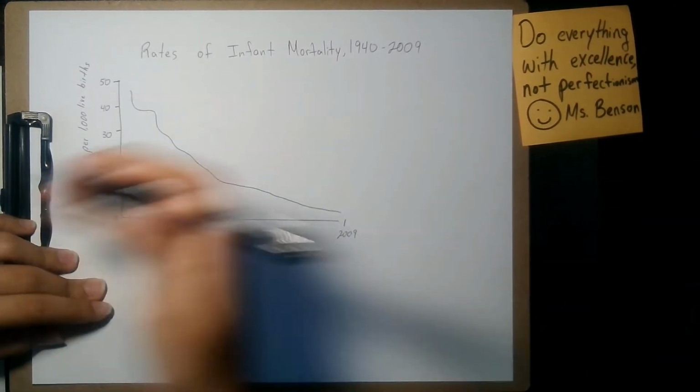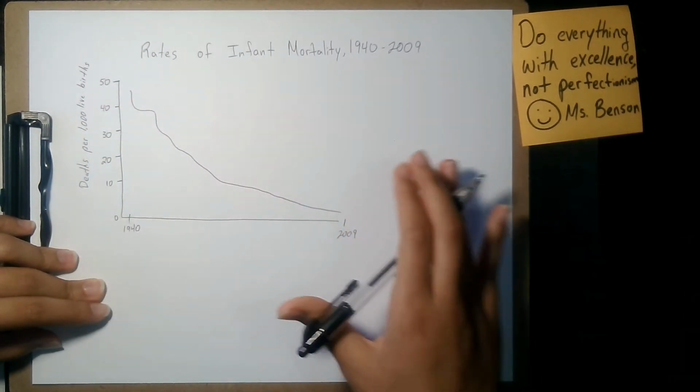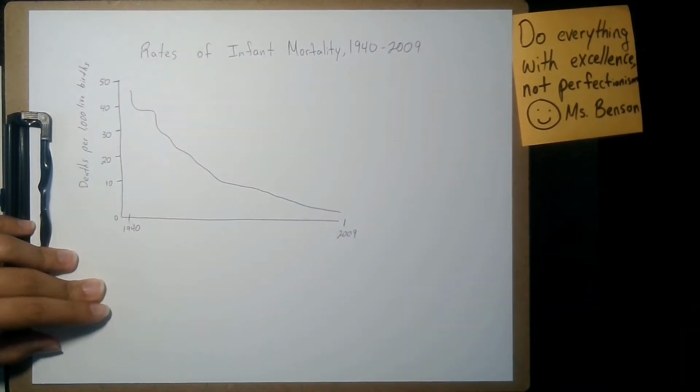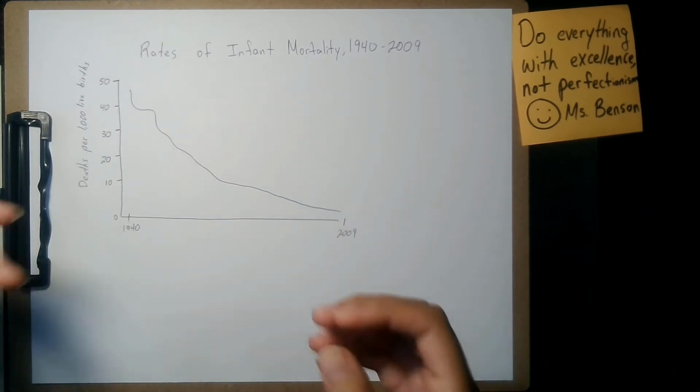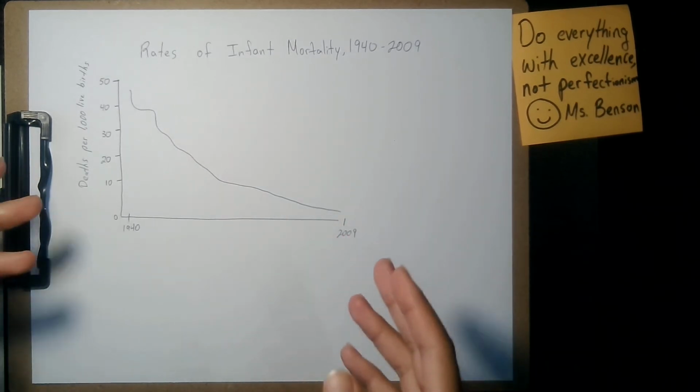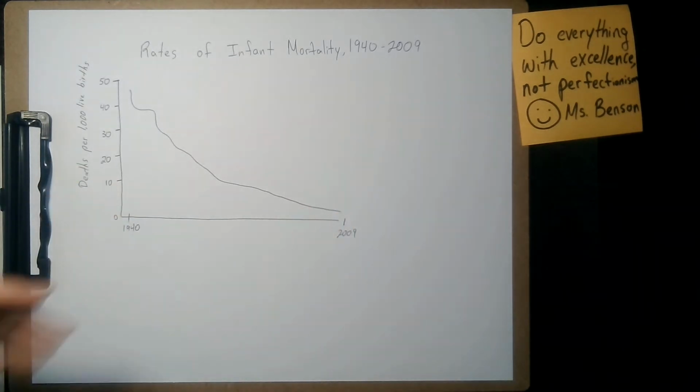Here, the conclusion that we can draw based on this data, and this is how the GED or HiSET might ask you, it might give you a chart or data and say interpret the data, and you have to draw a conclusion.